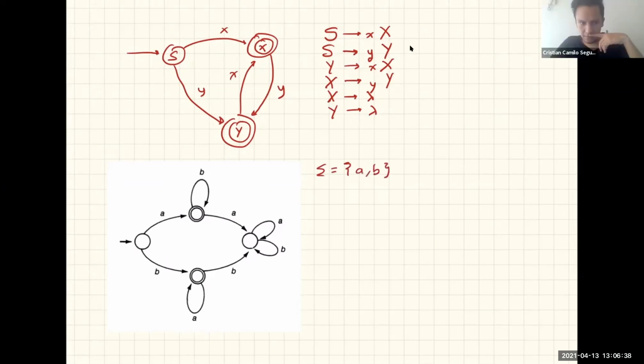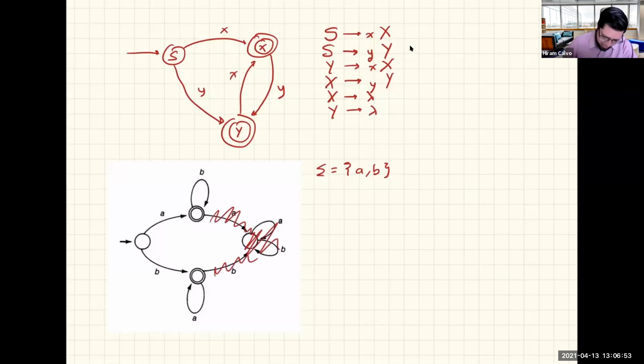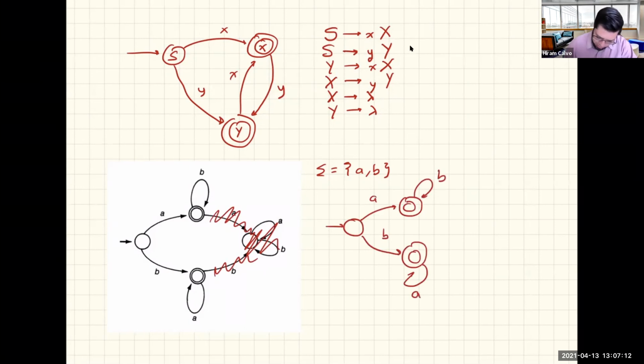If this holds, then this is a pit, right? And if you erase this, and this, the behavior of the automaton should be the same. That's your question, right? So it should be something like this, B, and then B. And if anything else comes afterwards, it will go to a pit.